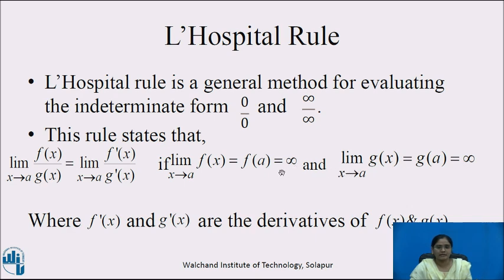Whenever you are getting such a case, we are going to apply this L'Hospital rule, where f dash of x and g dash of x are the derivatives of f of x and g of x.